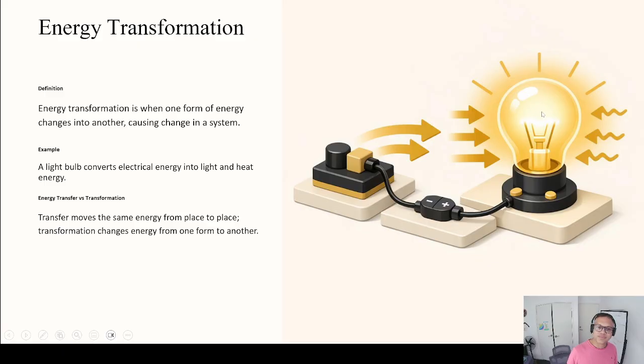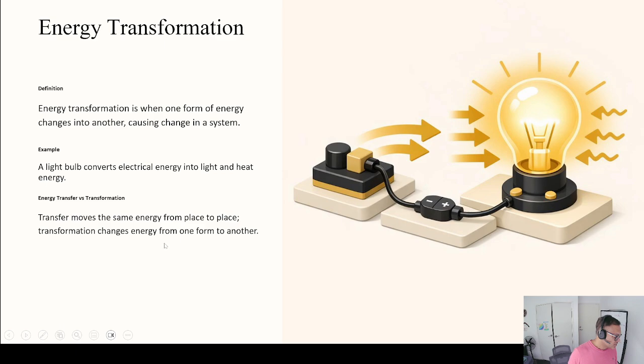The bulb, if you keep it on, will become hot and also emit light. So that is electrical energy converted into two different kinds of energy. In the previous case, the thermal energy, heat energy, remained heat only, right? It was transfer. Here, electrical energy became a different kind of energy, light and heat. So it's transformation, right?